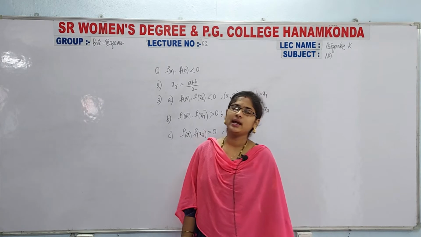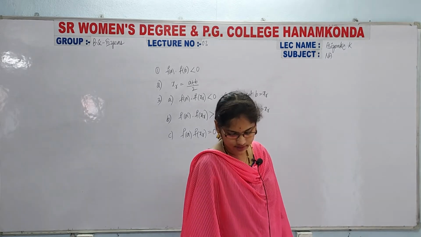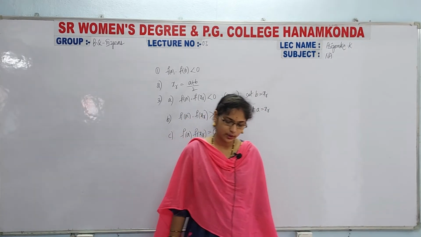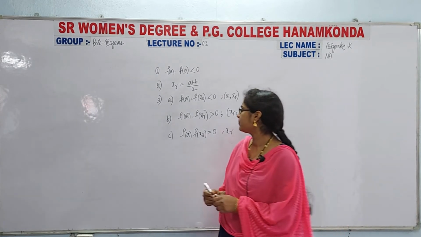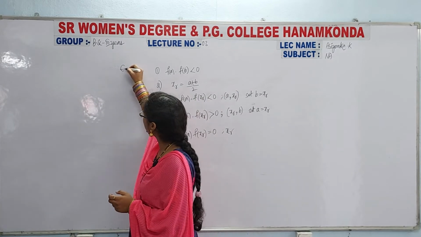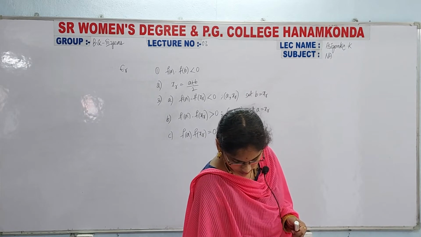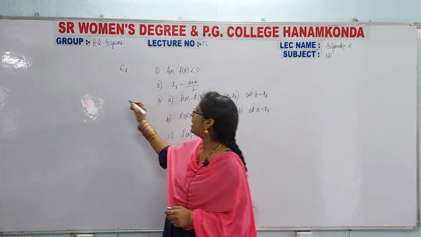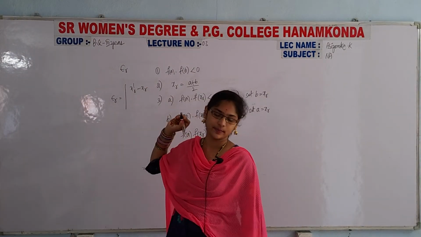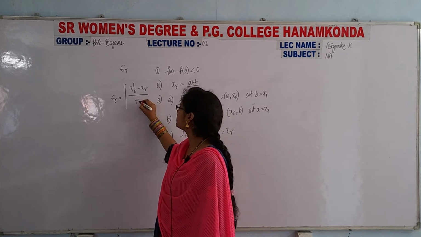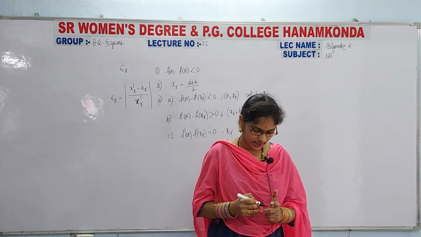Okay, next line. A convenient criterion is to compute the percentage error. It is denoted by epsilon r, defined by epsilon r is equal to modulus of xr dash minus xr by xr dash into percentage.